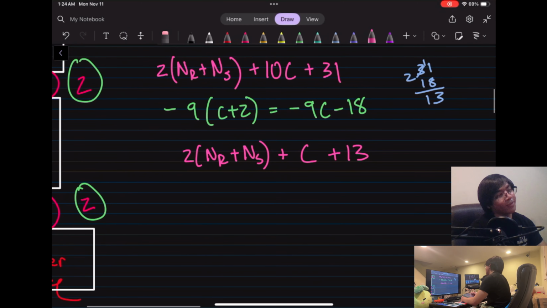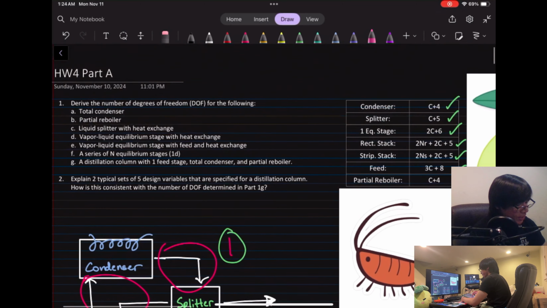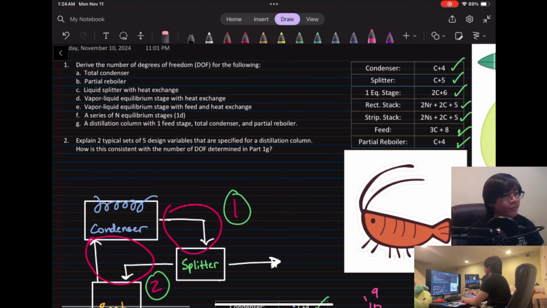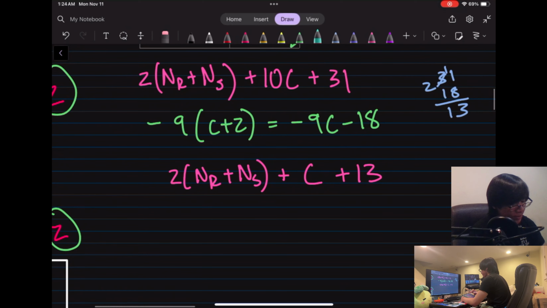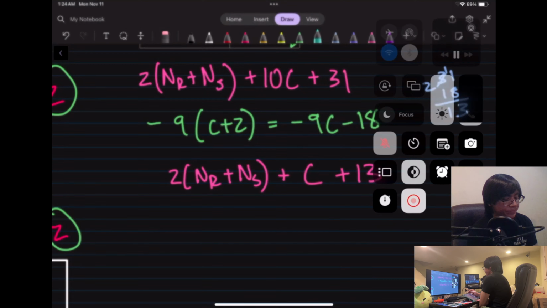Now we have many unknowns for our degrees of freedom for a distillation column. However, I mentioned earlier that there's typically only 5 that we need to specify. That's because all of these go away with the generic assumptions we always give ourselves.